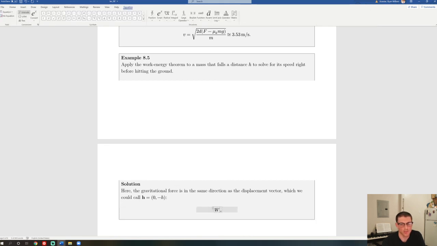And if we want to write this as an ordered pair, it just works out to be this, as we saw from our sketch. So the work done by the gravitational force here then is going to be the gravitational force written as a vector, which is just going to be (0, negative mg), and then we dot this with (0, negative h).